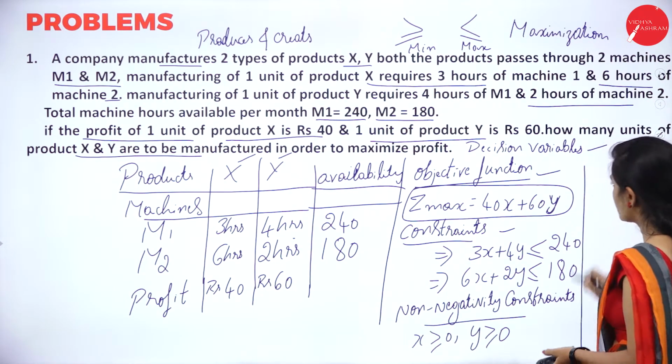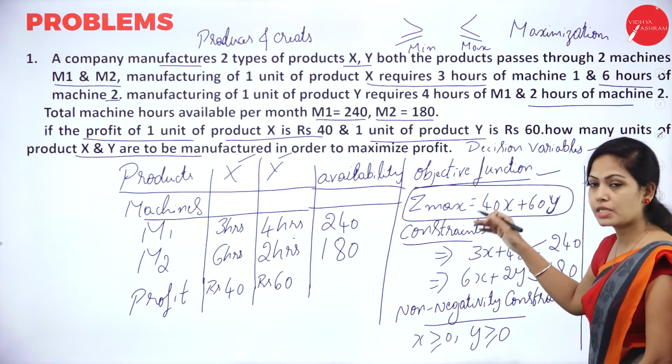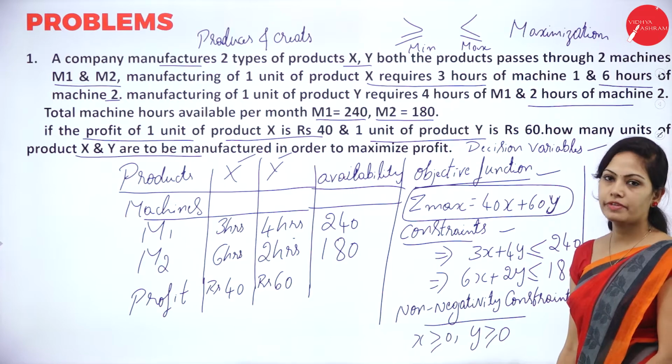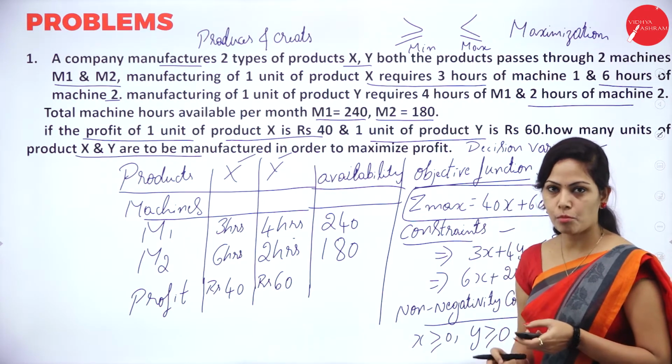So finally we got the decision variables, objective function, constraints and non-negativity constraints. Finally you have to write the LP model.